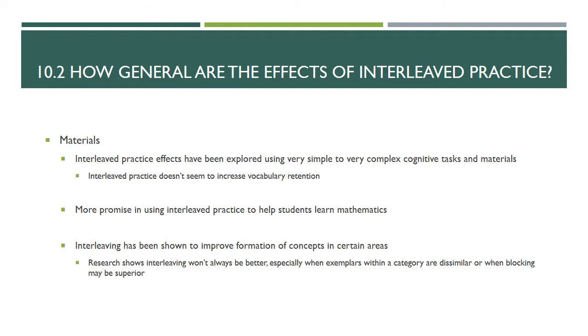Finally, interleaving has been shown to improve formation of concepts in certain areas, such as artists' painting styles and bird classification. Although it boosts formation of concepts in certain areas, research by Goldstone in 1996 suggests that interleaving won't always be better. Situations where it wouldn't be better are those where exemplars within a category are dissimilar, or when blocking may be superior.